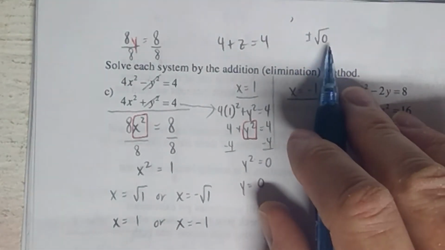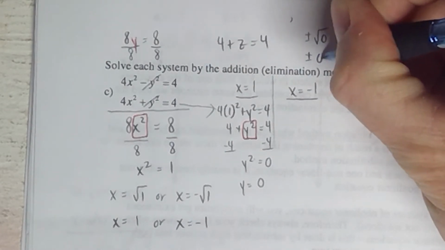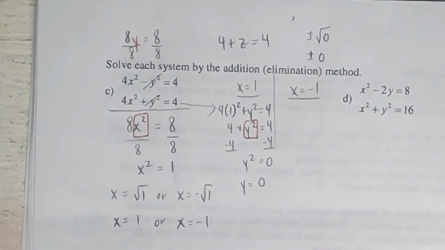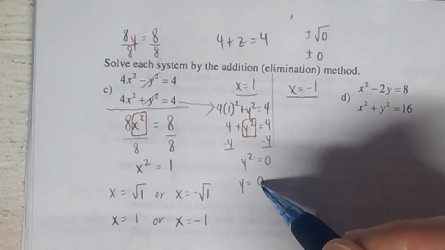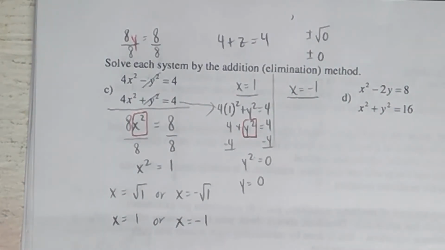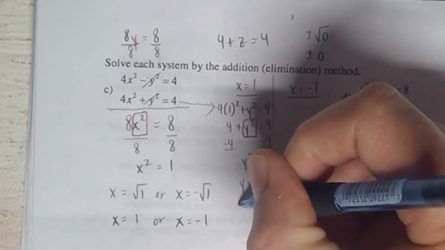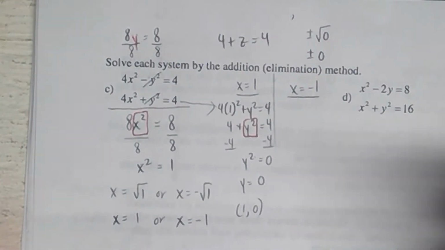Plus or minus the square root of 0. Square root of 0 is 0, and we know that 0 is the same number whether it's positive or negative. Positive 0 and negative 0 are just one single number, 0. And so that's why I'm saying this whole answer here is just one number, 0. Okay, so plus or minus square root of 0 is just the same thing as that one number, 0. And so once again, we end up with a pair. The 1 pairs up with 0. I'll check that answer in a moment.